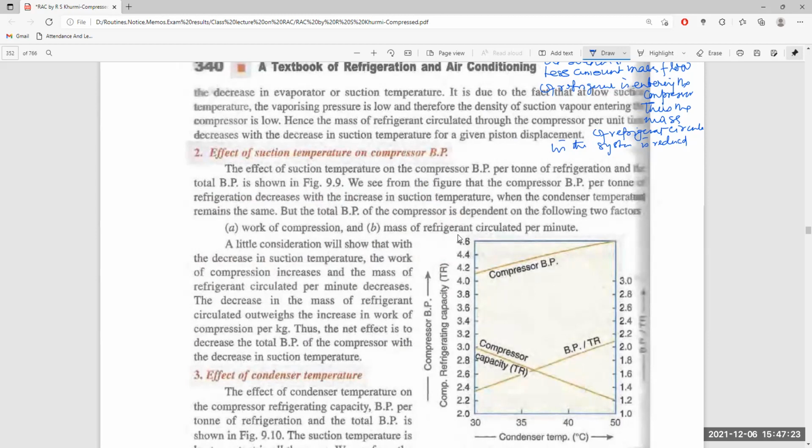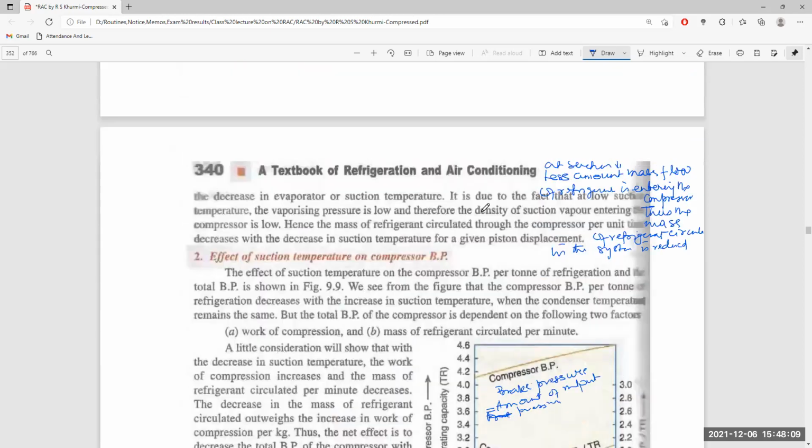We see the compressor brake power, which means the amount of input power used, and the total power. Compressor brake power per ton of refrigerant decreases with the increase in suction temperature.